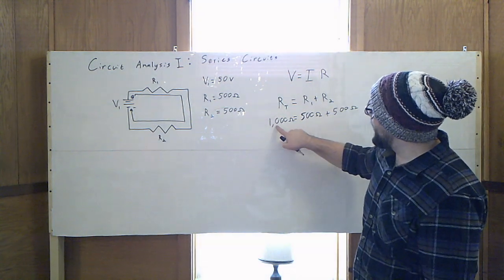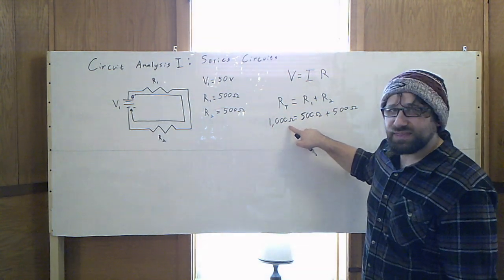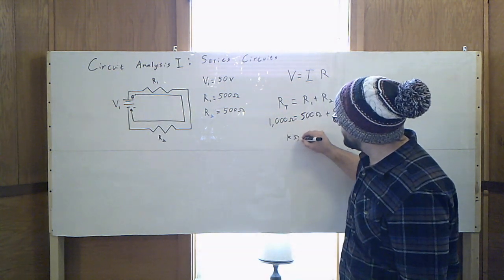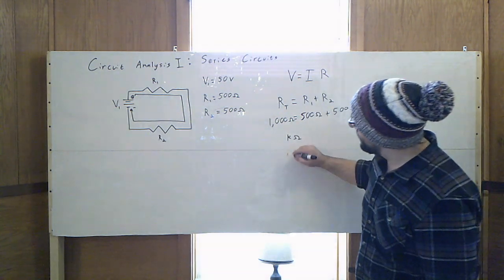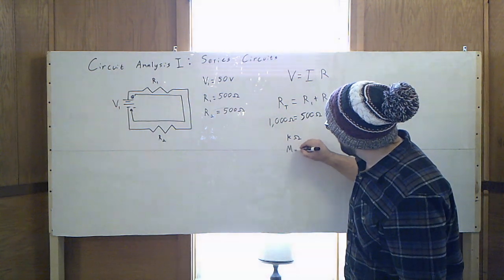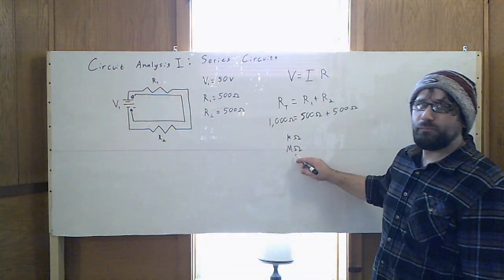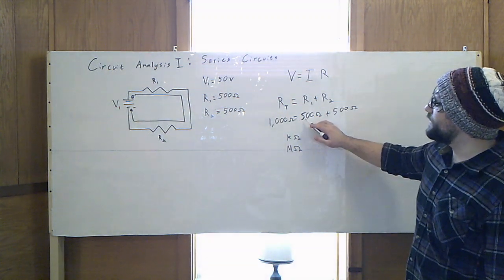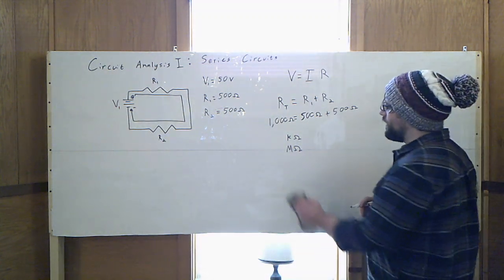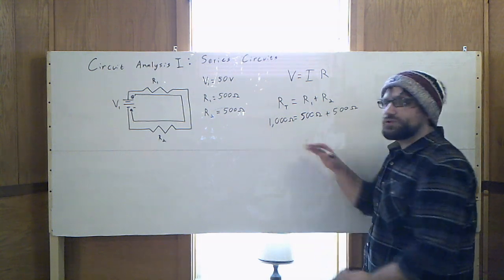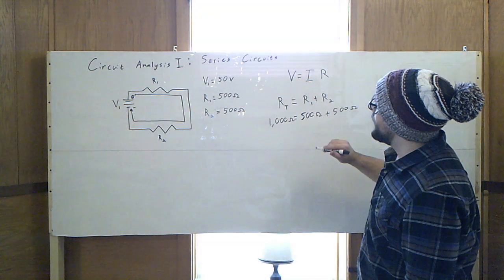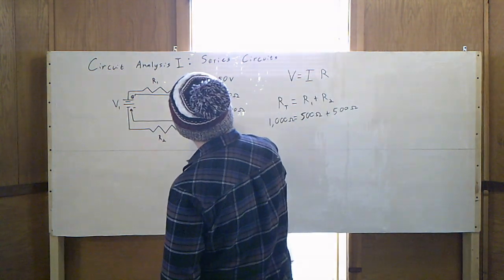So whenever we have things in the thousands, it's very common for us to use k ohms to say 1,000 ohms, or mega ohms when we have millions of ohms. In this case, because our components are each 500, we're going to leave it at just regular ohms. But you'll see those more in the future. So 1,000 ohms is my total resistance, and that's what I'm going to use in my Ohm's law.